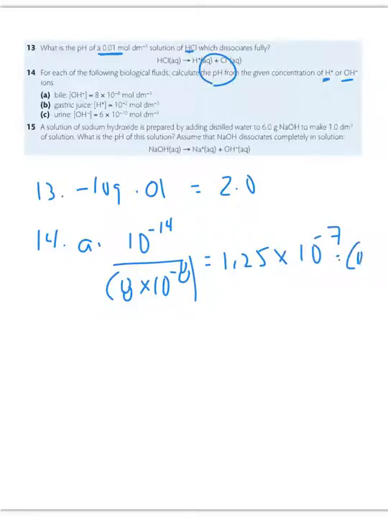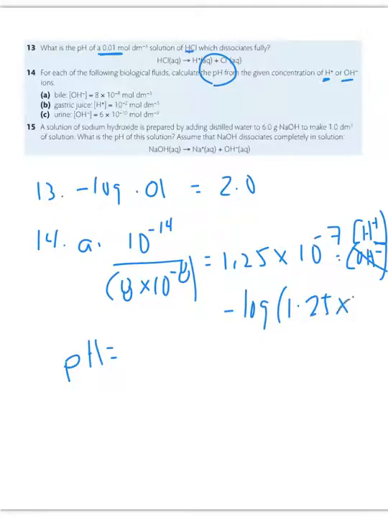That's my H concentration, and now if I take the negative log of that, I get 6.9 as my pH. Take back, this is my H plus because I started with OH. So by dividing that, I get the H plus concentration, and when I take the negative log of 1.25 times 10 to the minus 7th, I then came up with 6.9.